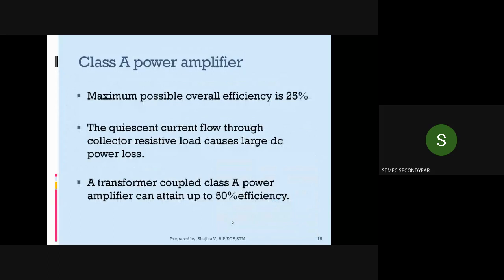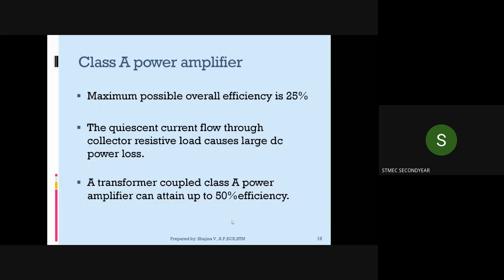The DC current flowing through the collector resistance causes a DC power loss at the resistor. Simply, across the collector resistor there is a voltage drop, or we can say power loss. Some of the power is wasted at the resistive load because DC current flows through it.